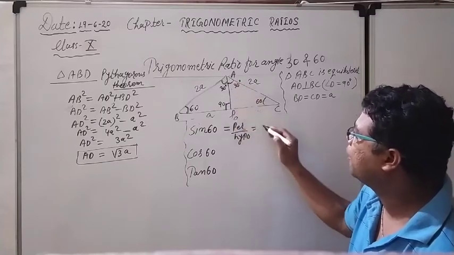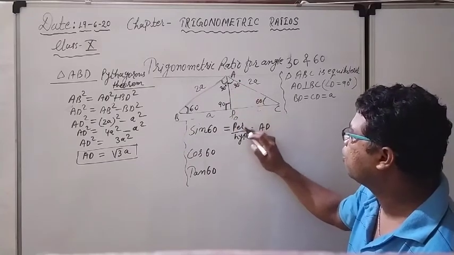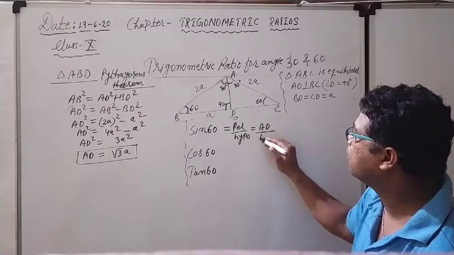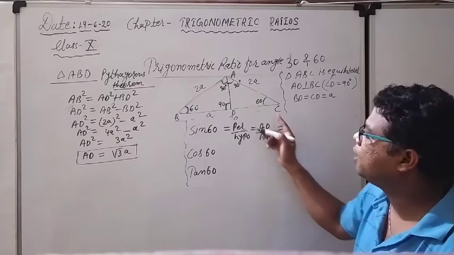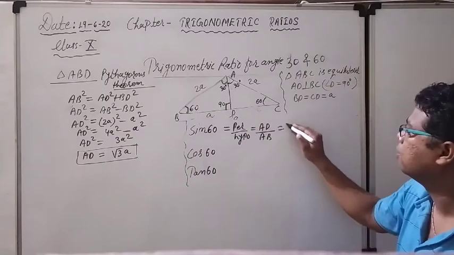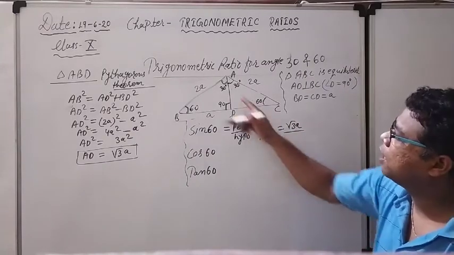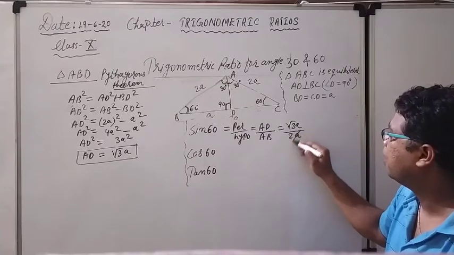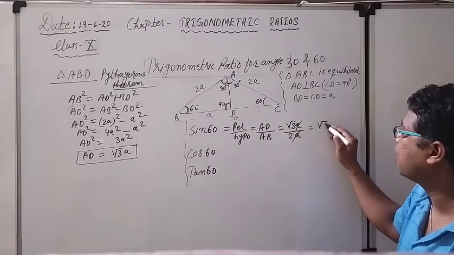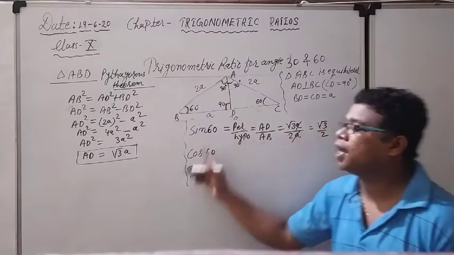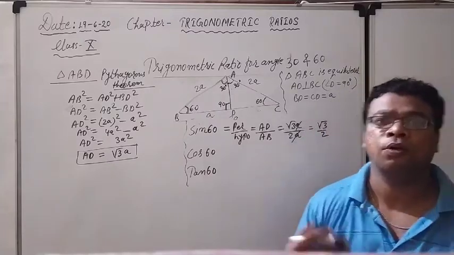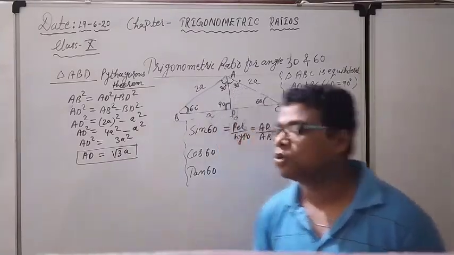AD. What is the hypotenuse here? AB. What is the value of AD? I have root 3 a. What is AB? AB is 2a. A and a get cancelled, so the value I have is root 3 upon 2. So sine 60 is equal to root 3 upon 2.